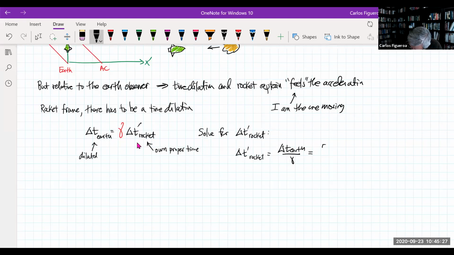So I know that the Earth measures 5.3 years in its frame. And then I have my gamma factor. And that's going to give me a shorter time. And the time that I read then is 3.53 years. And this is the time of the rocket.